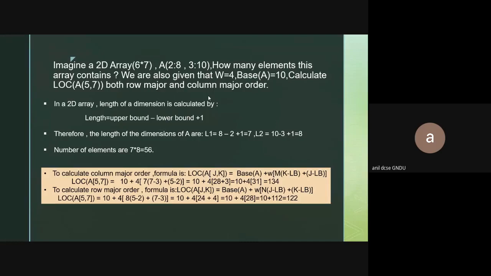She's saying if 8 minus 2 plus 1 is giving the number of elements of the first row, then this should be the number of columns in the array.